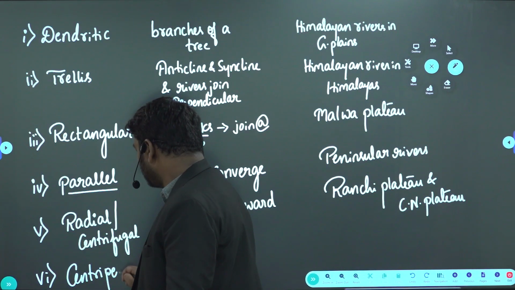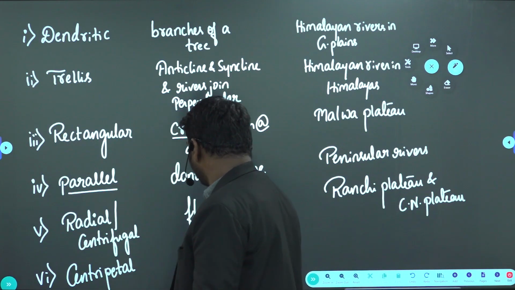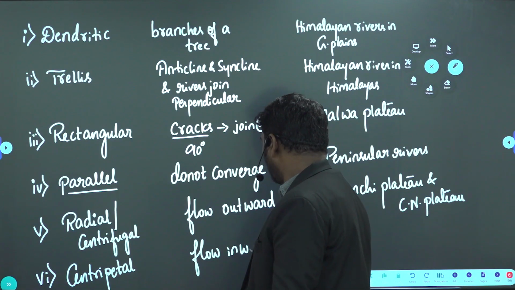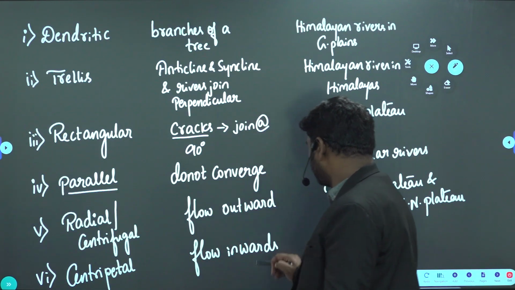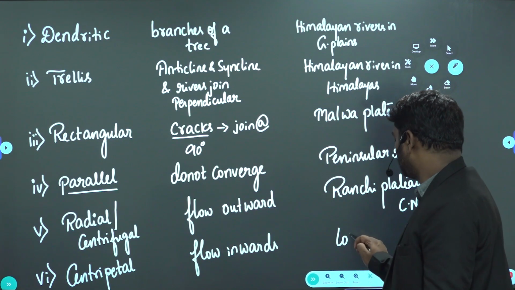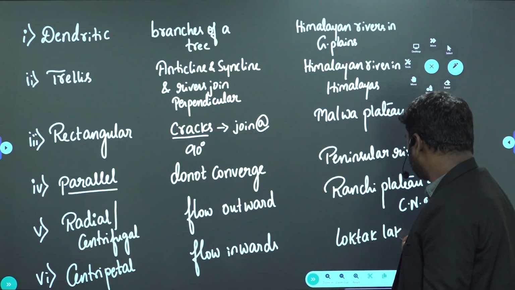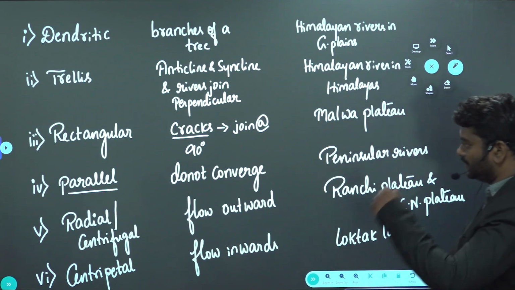Centripetal is opposite to centrifugal. It flows inwards. Loktak Lake. Wherever lakes are there, there is possibility of this.